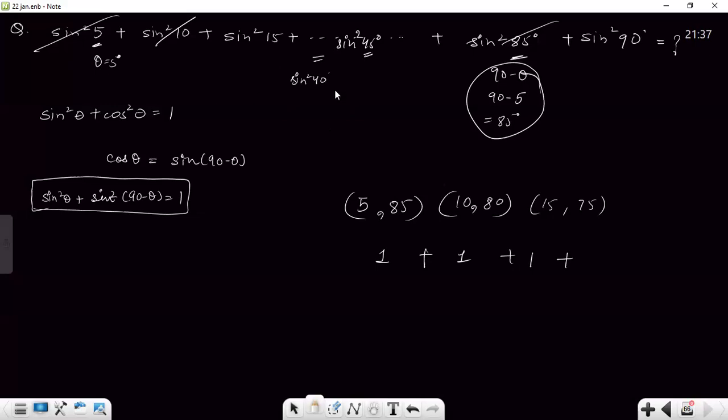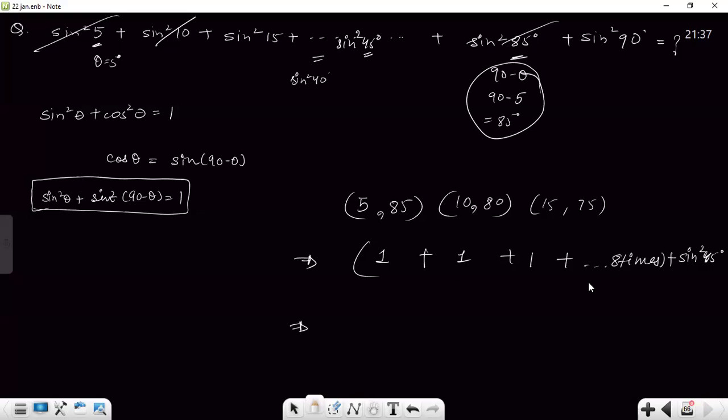So from 5 to 40, these terms are getting paired. How many total terms are these? These are 8 terms. So 1 gets repeated 8 times, plus sine square of 45, which could not pair with any other term.